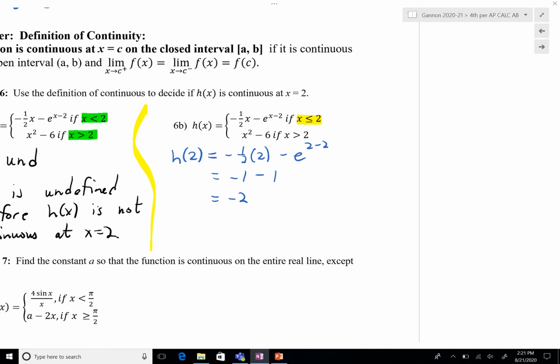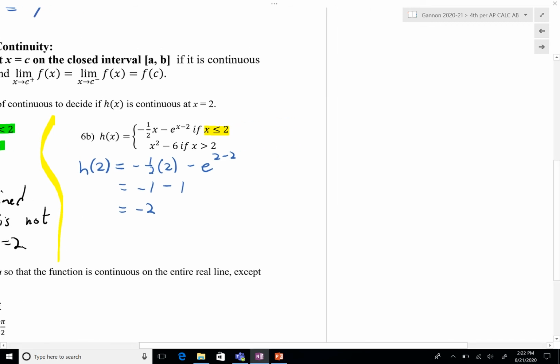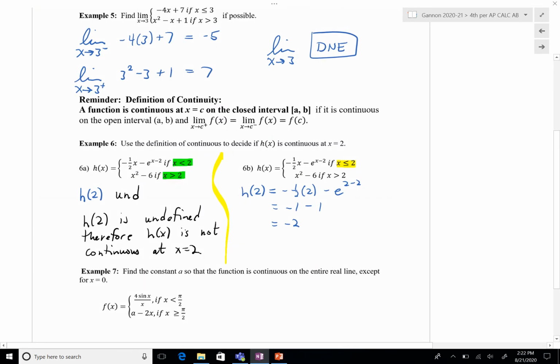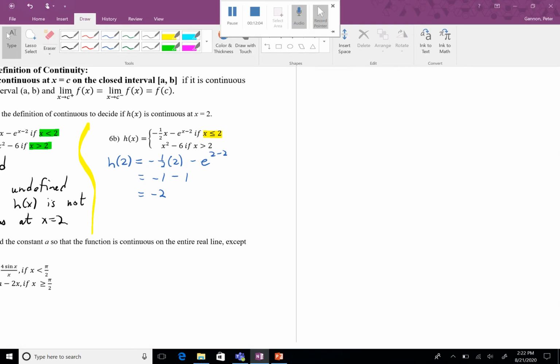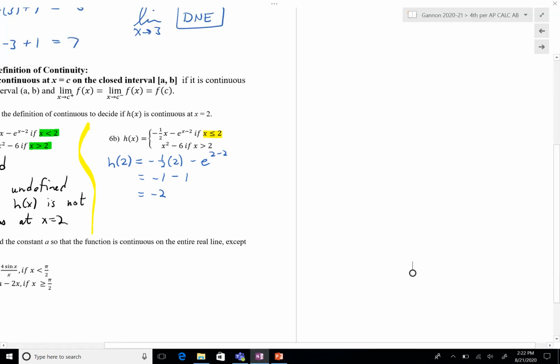Now I need to know, is the left-handed limit equal to negative 2, and is the right-handed limit equal to negative 2 as well? For this problem, the left-handed limit is going to be found using the same exact function that I found h of 2, because those are values less than or equal to 2. So that's equal to the limit as x approaches 2 from the left of h of x, and I don't have to redo all those calculations. Next I'm going to find the limit as x approaches 2 from the right of h of x, which in this case uses the bottom function.